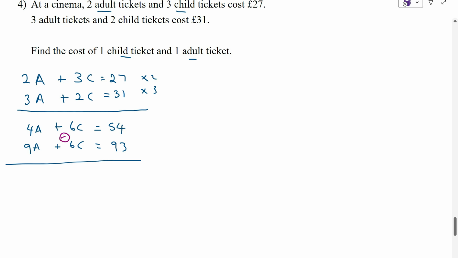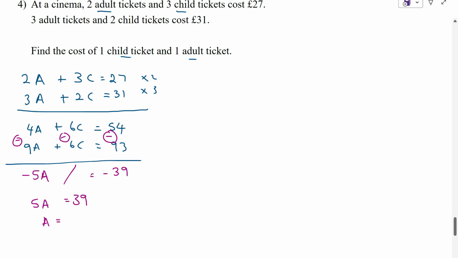So we're just going to go and minus that, minus that, minus that. 4 minus 9 minus 5a, this cancels out, equals minus, okay, so get rid of the minuses, so 5a equals 39.